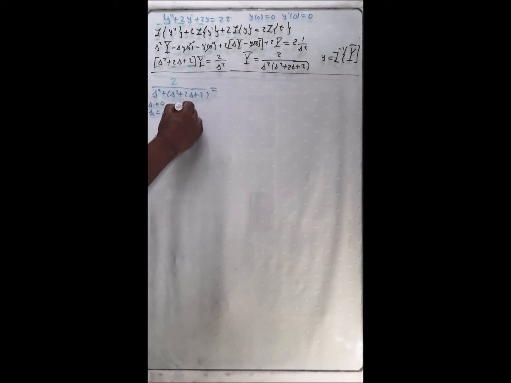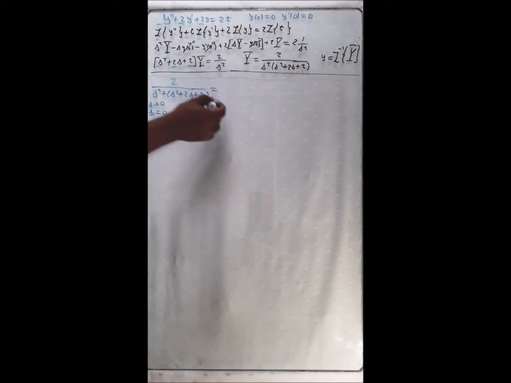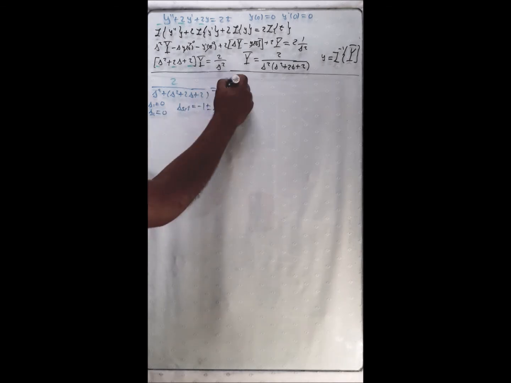The roots for that, s3 and s4, are going to be minus 1 plus or minus i. So that is the root of that part. Alright? So you can check this by using the quadratic formula, but the partial fractions will be something like this.